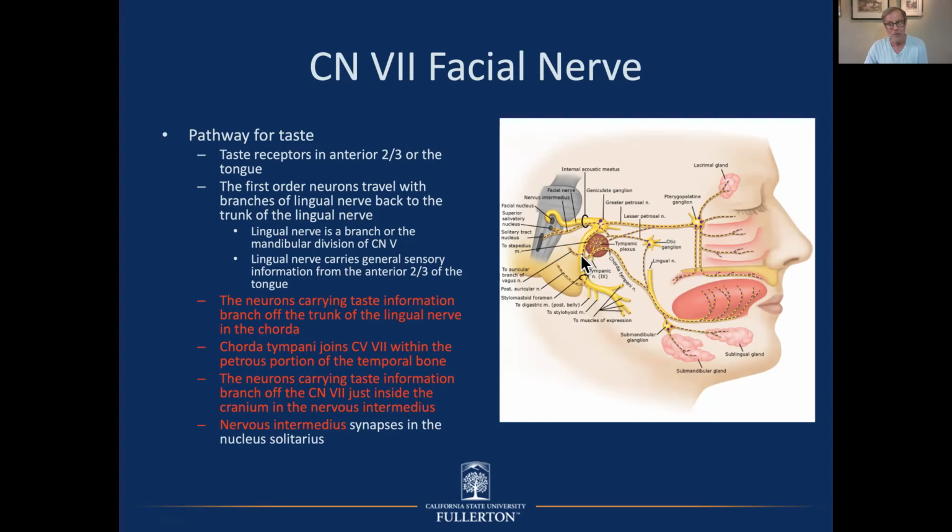So it travels with the 7th cranial nerve for a short distance here, but a lot of times it's separate from it. Hope that's not too confusing. What's the takeaway? Anterior 2/3 of the tongue, 7th cranial nerve, nucleus solitarius, tortuous pathway.